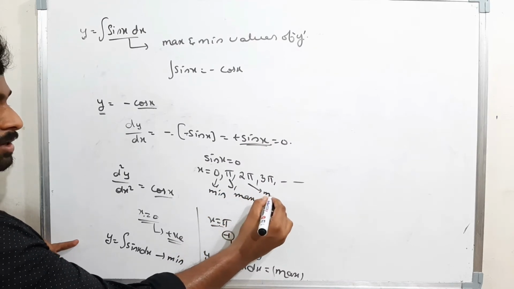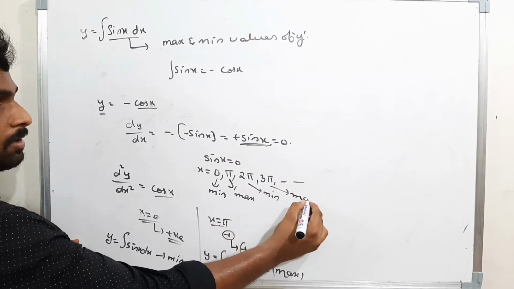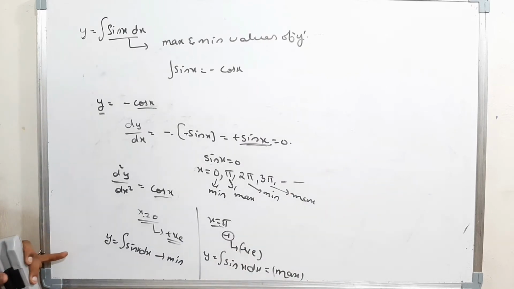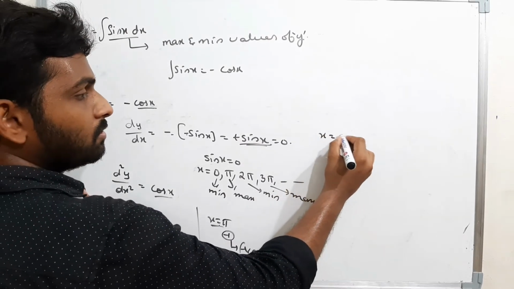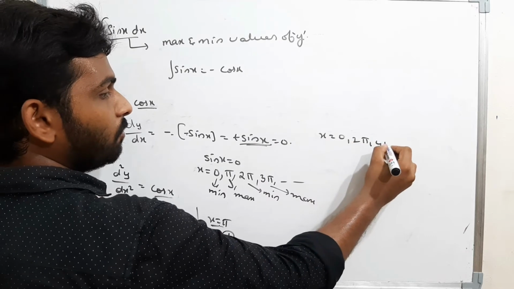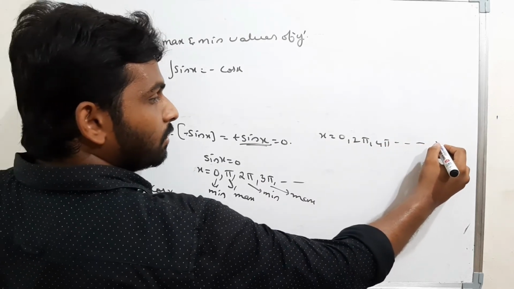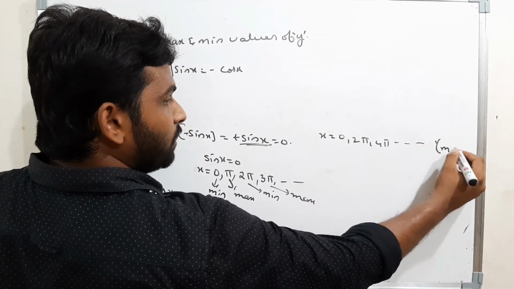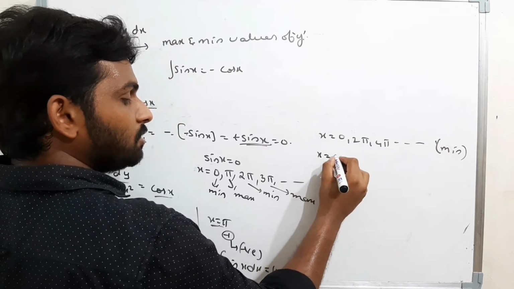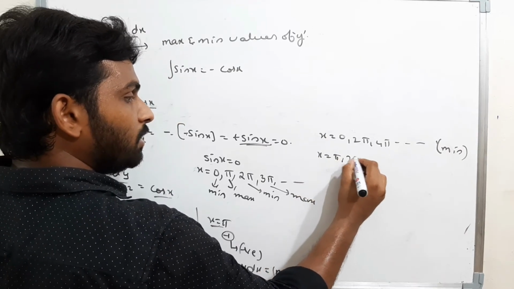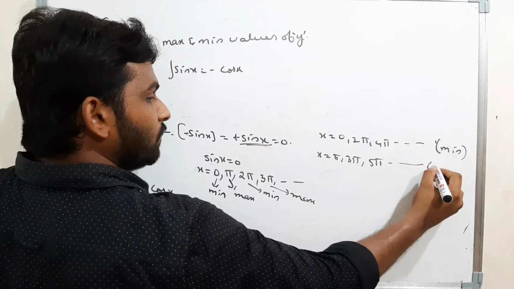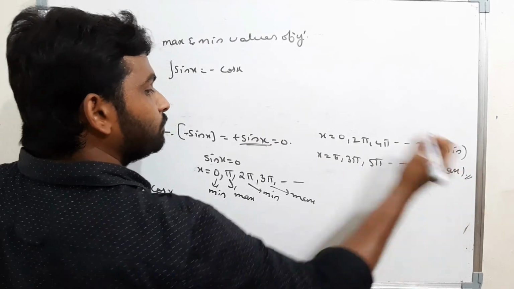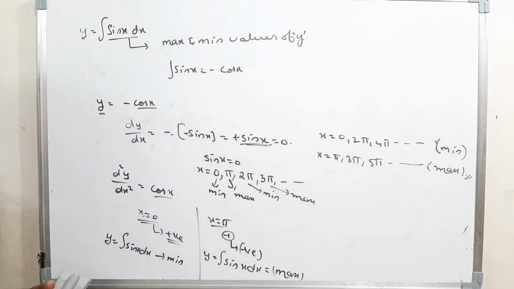Again here it is minimum, again it is maximum, and so on. Therefore for x is equal to 0, 2 pi, 4 pi, and so on, the function is having minimum values. For x is equal to pi, 3 pi, 5 pi, and so on, the function is having maximum value. That's all. We will see one more problem.